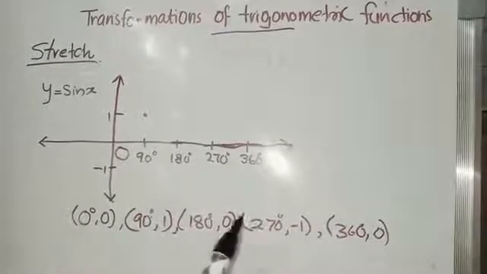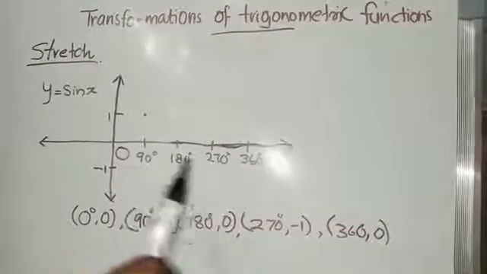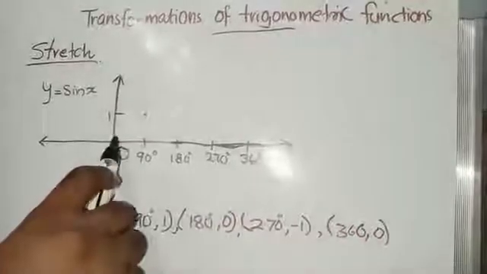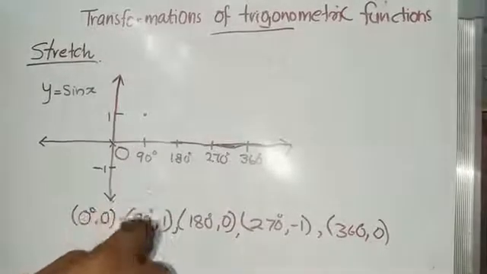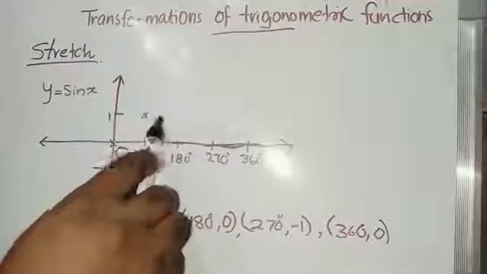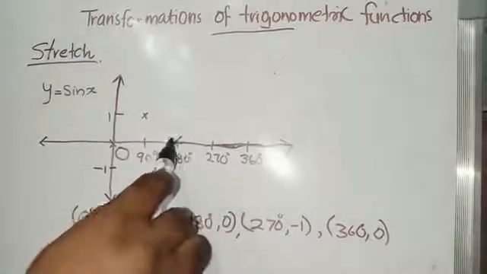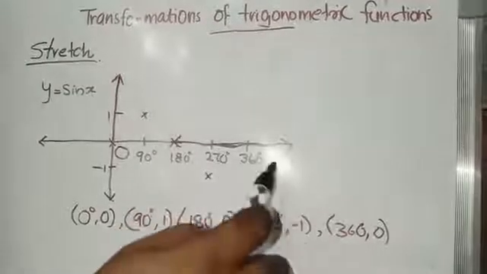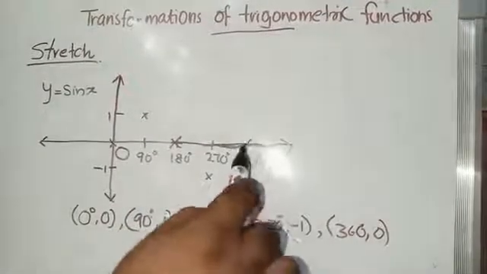So let's mark these points on the graph. We get the corresponding graph of sin x in a simple way. Sin 0 is 0, sin 90 is 1, sin 180 is 0, sin 270 is minus 1, sin 360 again 0.